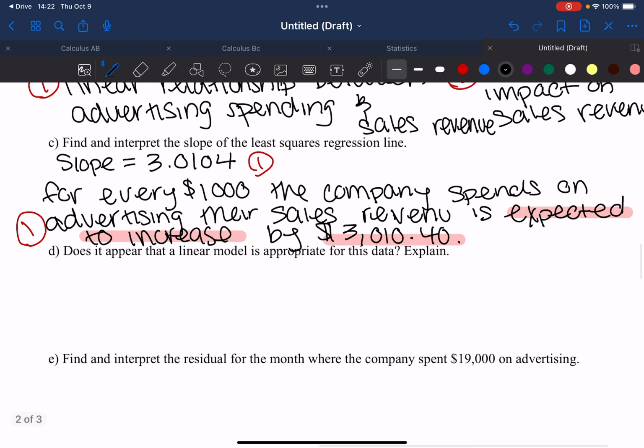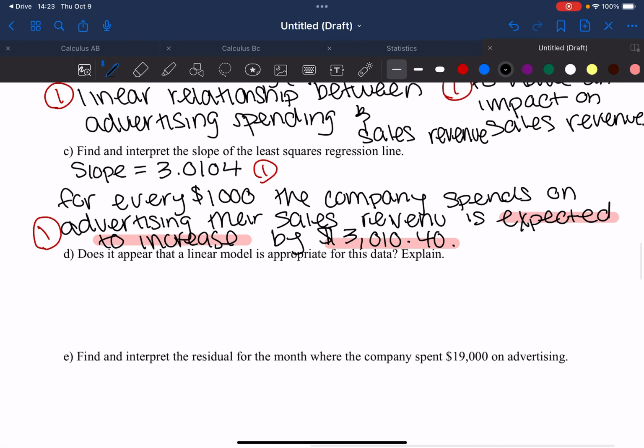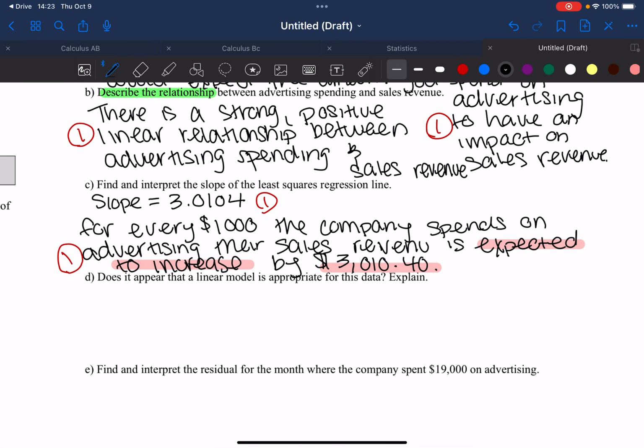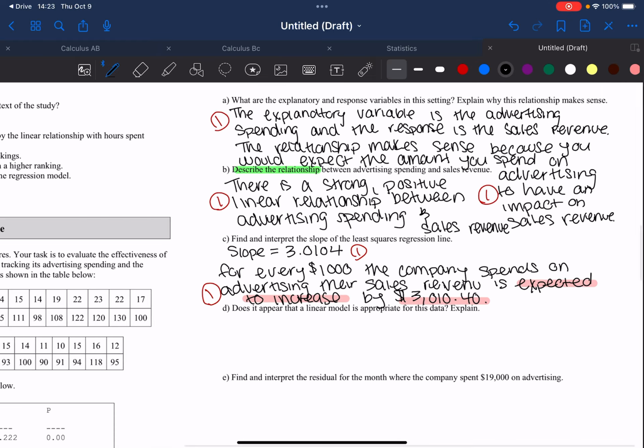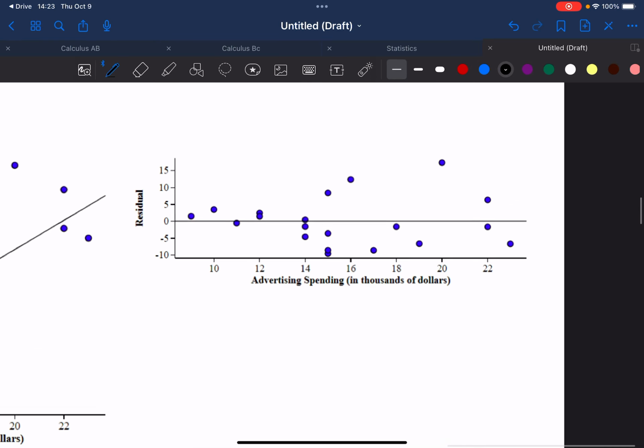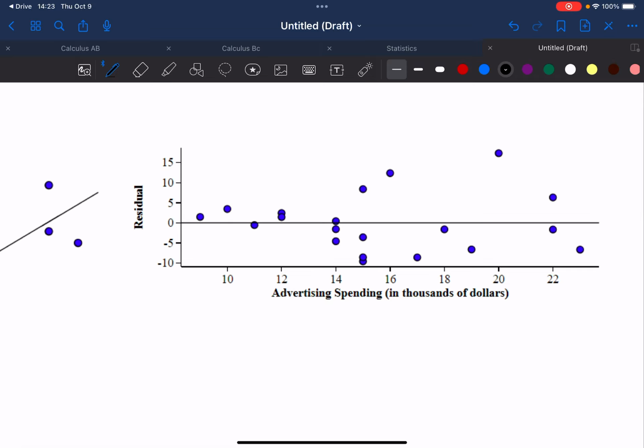The next part says, does it appear that a linear model is appropriate for this data? Explain. Well, a lot of you almost had it, except you weren't very specific in your wording, so I couldn't give you the point. What you should have done is gone up to your residual plot and asked yourself, well, is there a pattern? If you say no, then you know it's appropriate.